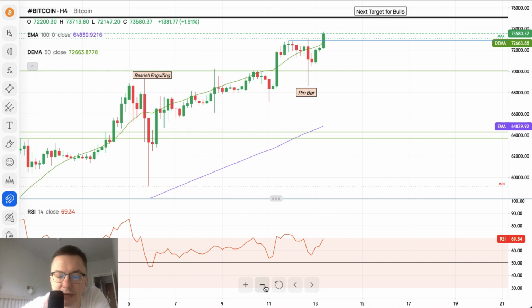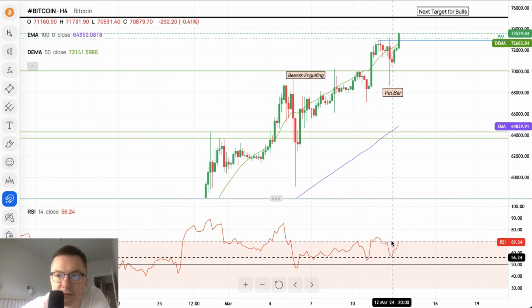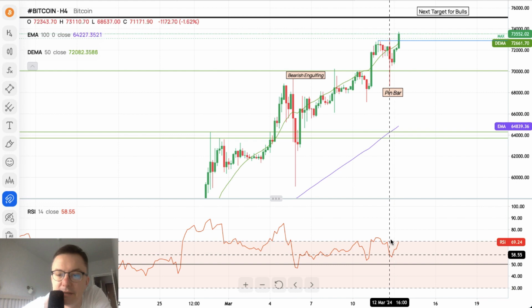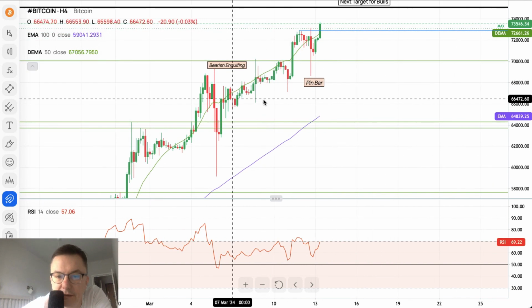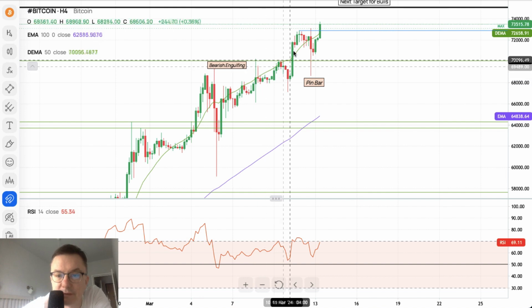Nevertheless, with the trending market, this momentum can stay positive for an extended period of time, and that would of course mean that the situation is very, very good for the bulls, as they are pushing their prices higher and higher day by day. The market keeps oscillating around the 50 periods moving average.